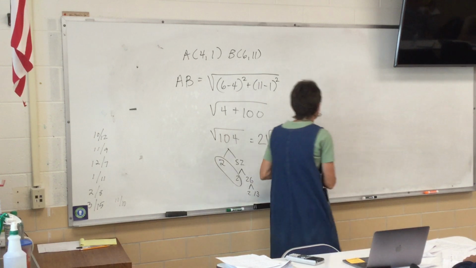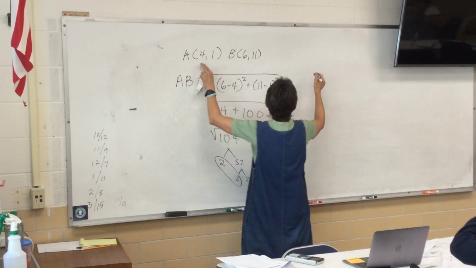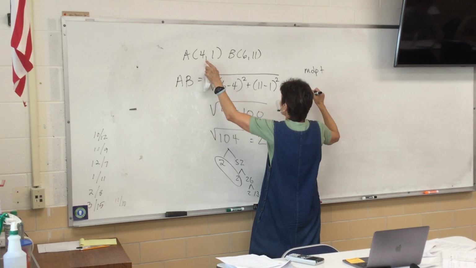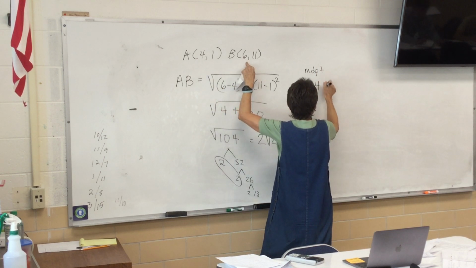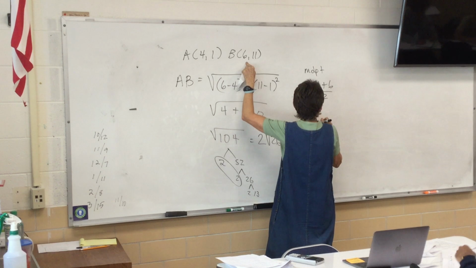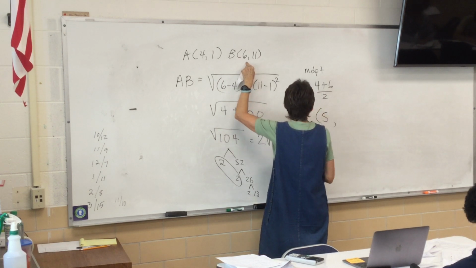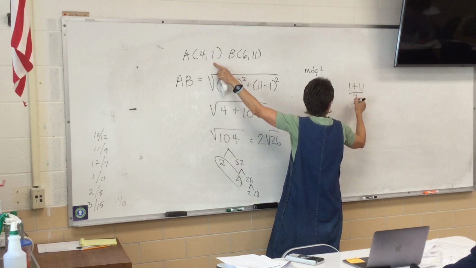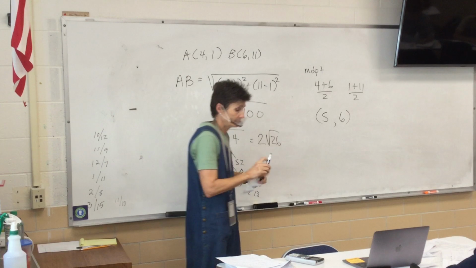So here we go. Midpoint will be, what's 4 plus 6 divided by 2? 5. What's 1 plus 11 divided by 2? There's your midpoint.